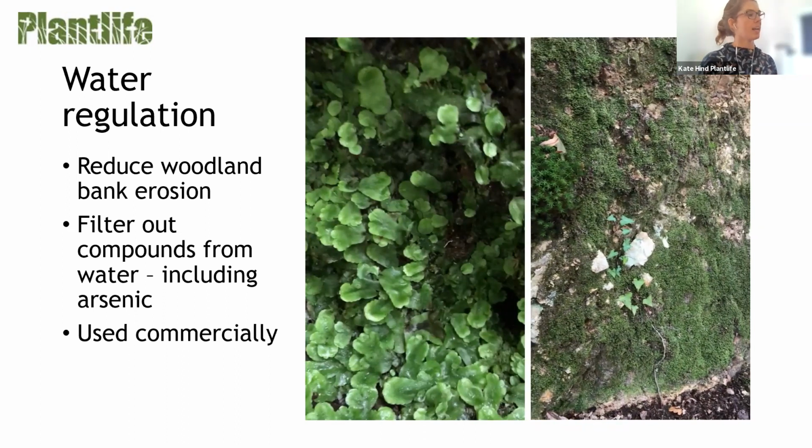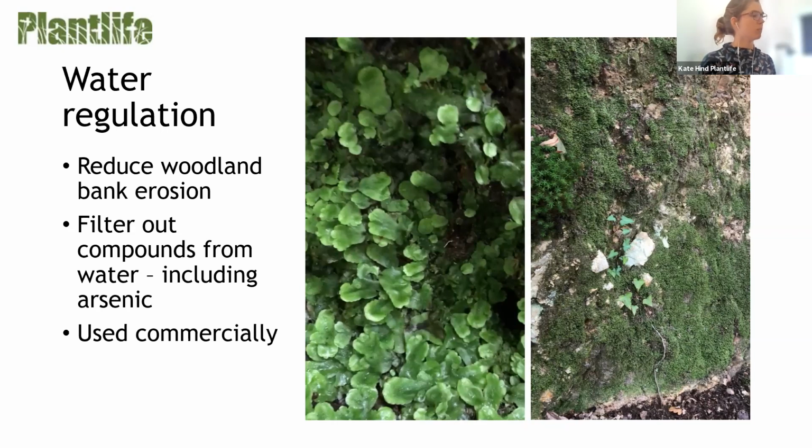They also, the mosses are very good at filtering out different compounds. And a study in Sweden was recently published a couple of years ago, where they've been doing lots of mining, and there was a lot of arsenic coming into the water table. But a moss was growing there within the arsenic water, and they discovered that it can take out over 80% of the arsenic in the water in an hour.